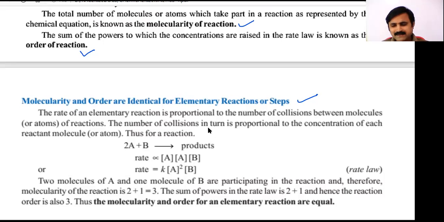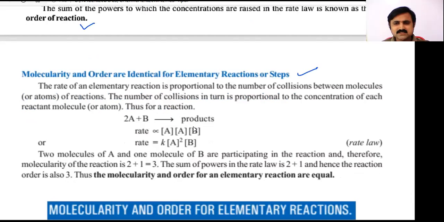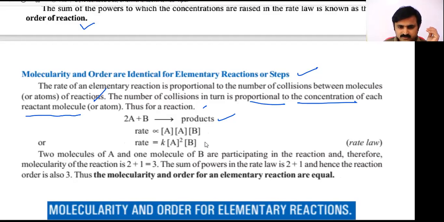The rate of an elementary reaction is proportional to the number of collisions between the molecules or atoms of reactants. The number of collisions is in turn proportional to the concentration of each reacting molecule. Thus, for the reaction 2A plus B gives products, the rate is proportional to concentration of A power 2 into concentration of B power 1, which is the rate law.